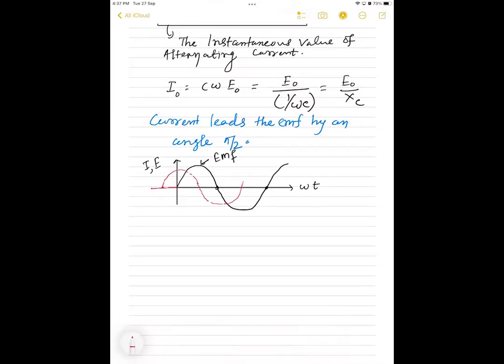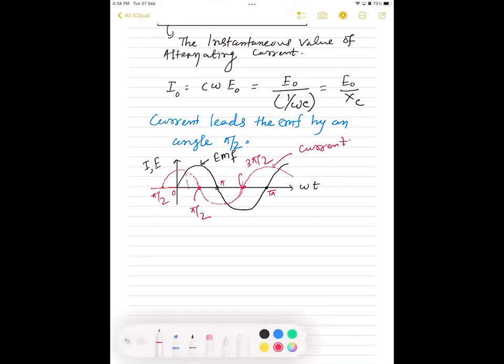If this is 0, this is pi/2, this is pi, this is 2 pi, and this point is 3 pi/2. And this red line is the current. Current started early.